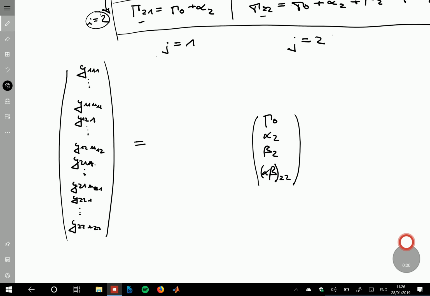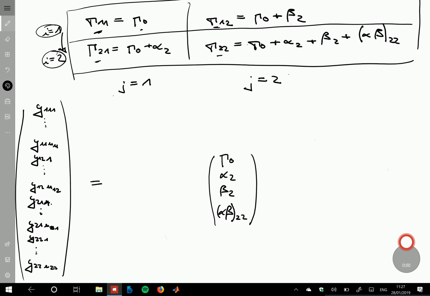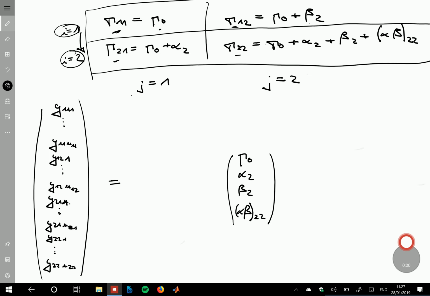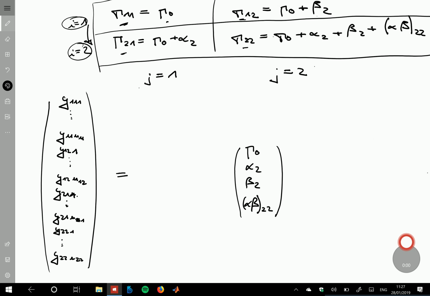So that's our beta parameter vector, and now the final thing is, of course, to create the design matrix that implements what we have there.